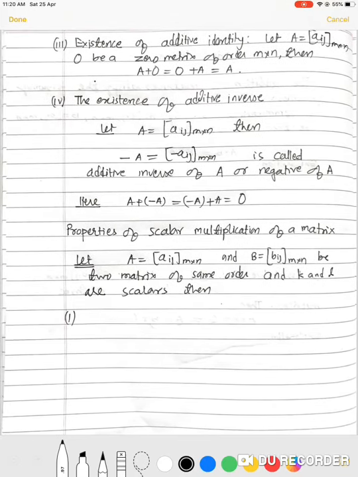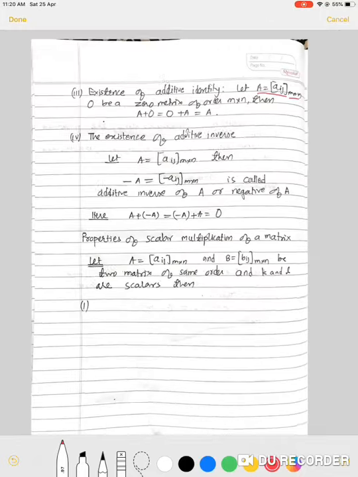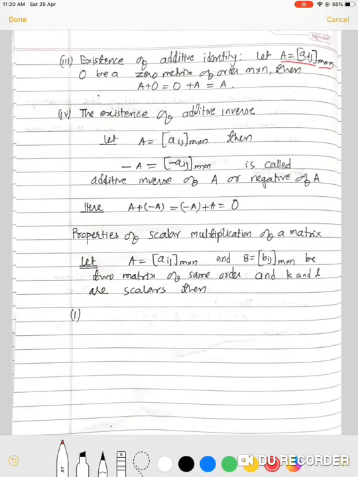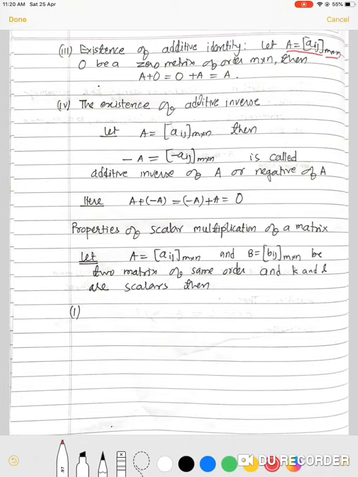Let A is equal to Aij m cross n be a matrix of order m cross n and O be a zero matrix of order m cross n, then A plus O is equal to O plus A is equal to A.